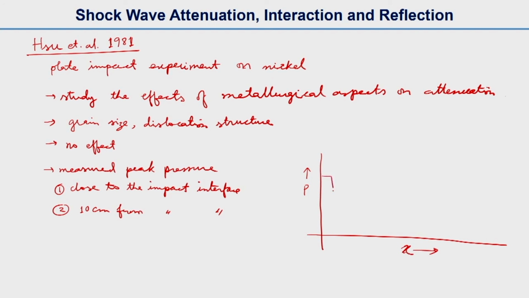As you know, the pressure pulse will first look like this, then the back line will be a little inclined, and then the pressure will decrease something like this.